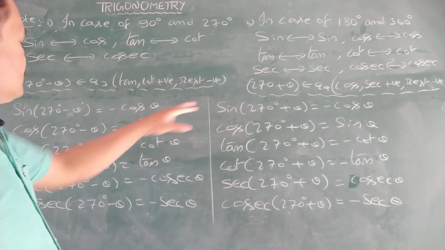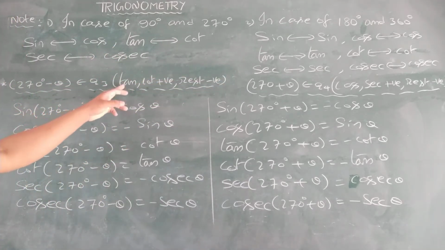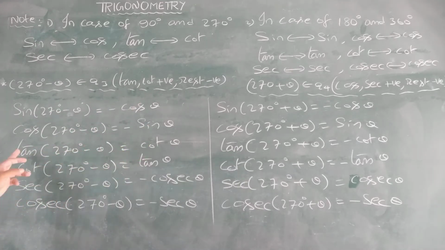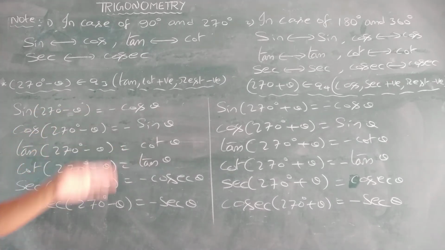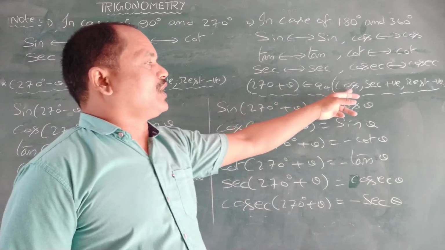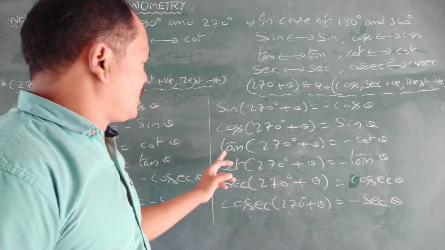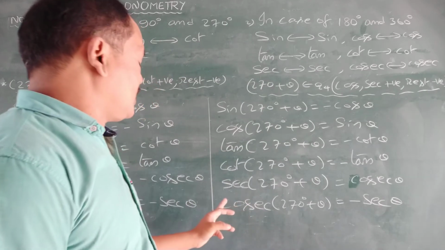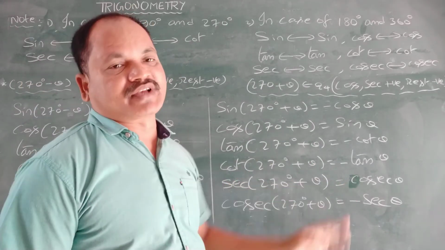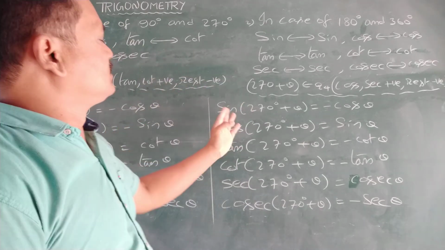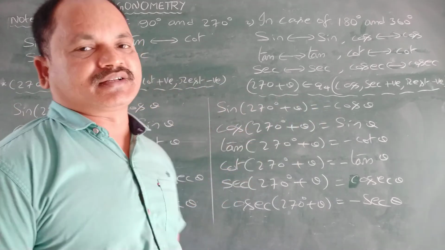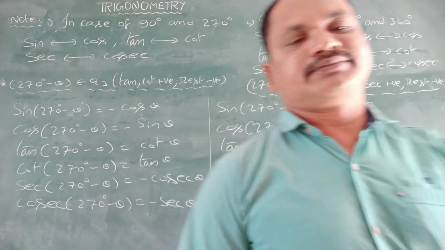So here tan gives a positive sign and cot gives a positive sign, and the rest of the functions are negative. In Q4, cos and secant are positive, so cos gives a positive sign and secant gives a positive sign. The rest of the functions are negative. Okay, that's all. Now we are going to the next one.